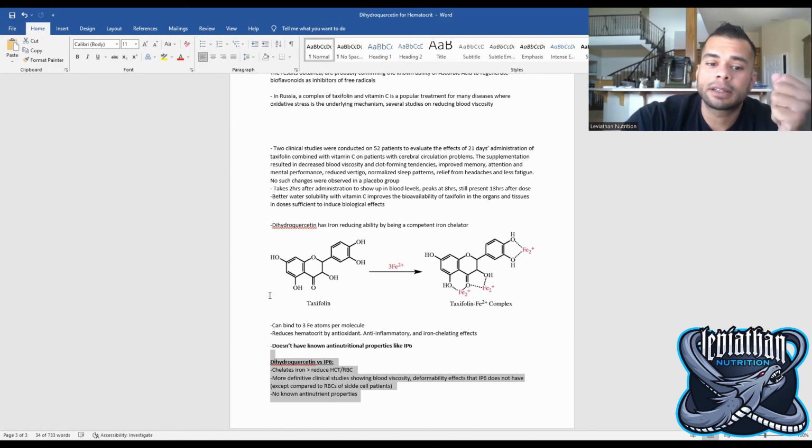So compared to IP6, dihydroquercetin also chelates iron, so it can also reduce hematocrit, but it also can reduce blood viscosity by other factors, such as improving the deformability effects of red blood cells, as well as increasing blood flow and decreasing blood pressure.